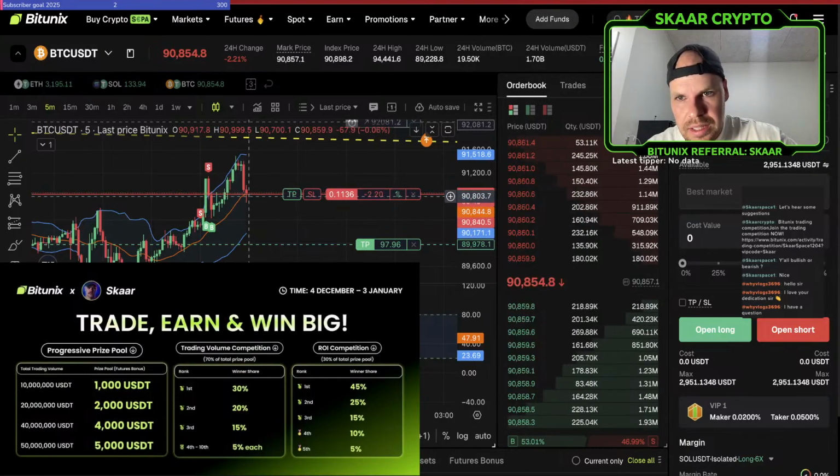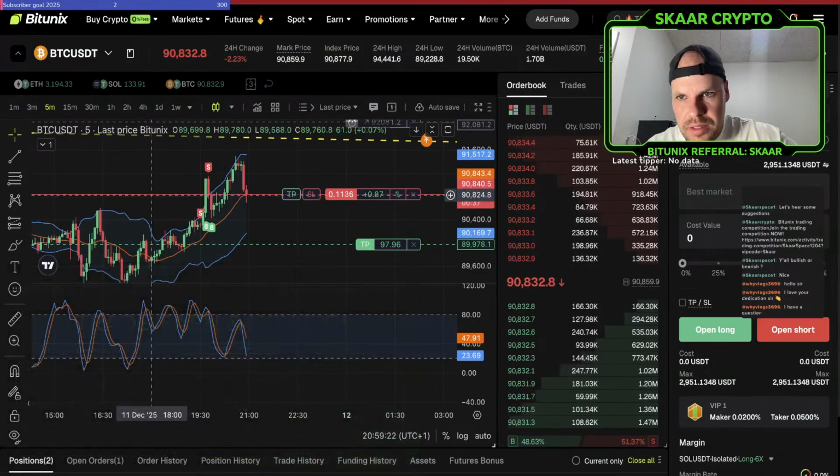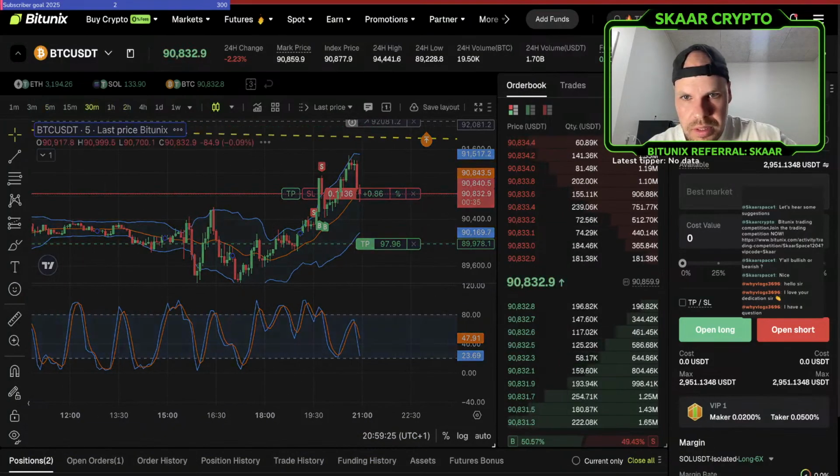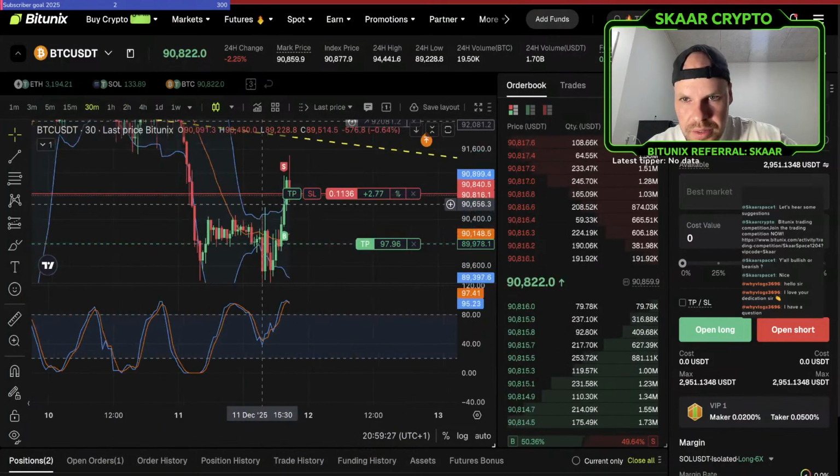So right now, it is finding what I thought last time would be a kind of resistance area. Let's see if we can take a 30-minute here, if I entered here.